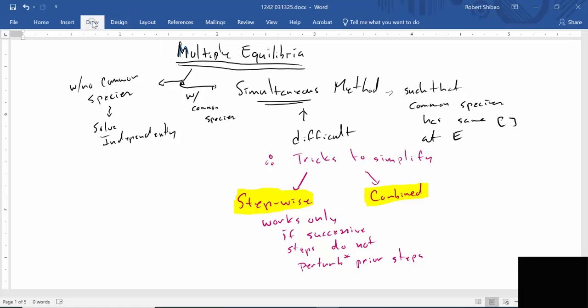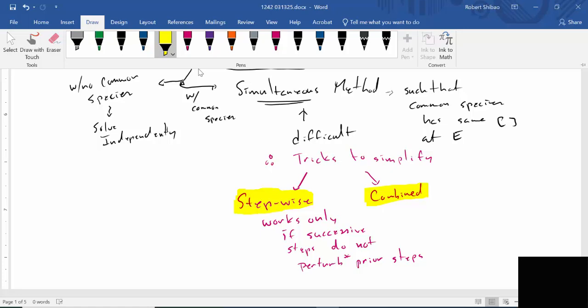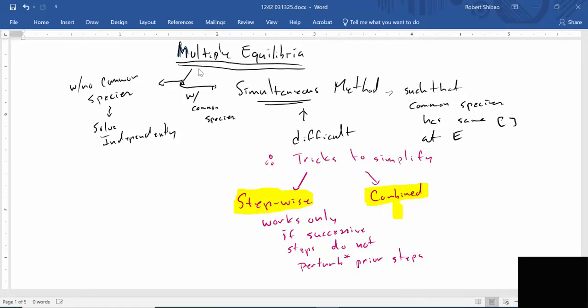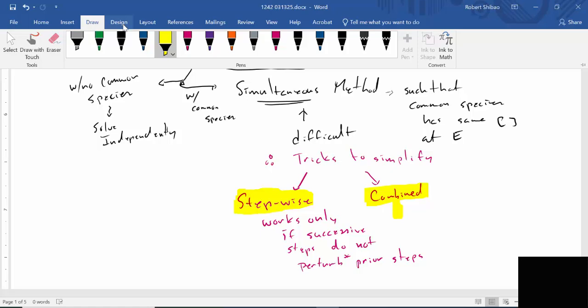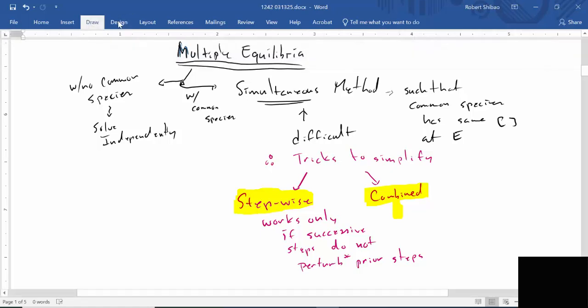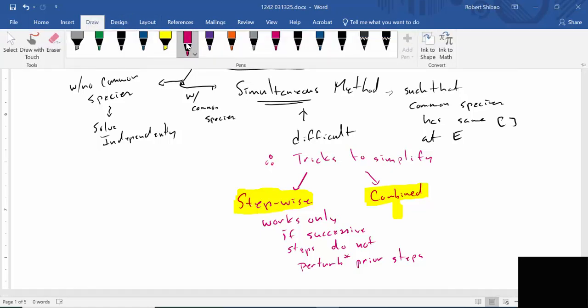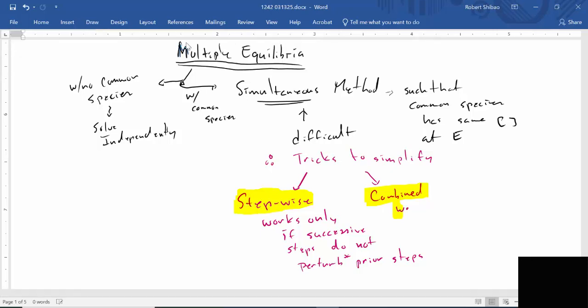But we're going to look at combined later. Combined doesn't work for anything we've encountered so far. It works for a very limited number of problems.